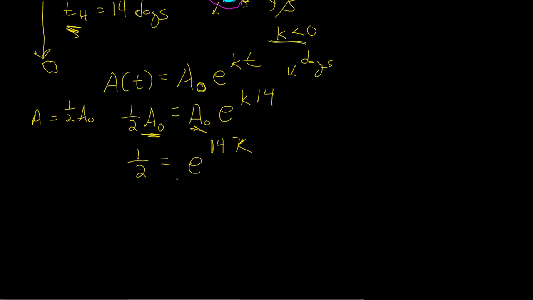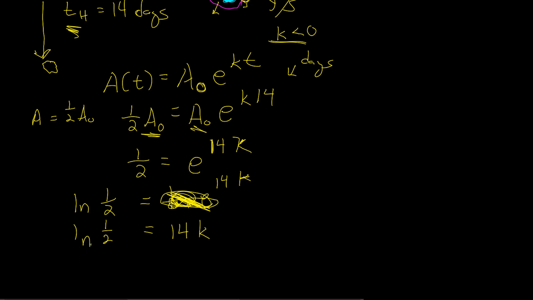All right, so I'm going to take the natural log of both sides. ln of 1/2 equals ln of e to the 14 times k. But these are going to cancel. They invert each other. Go away! 14k.